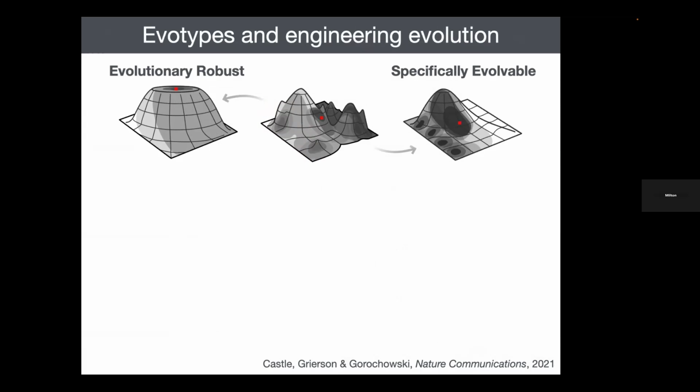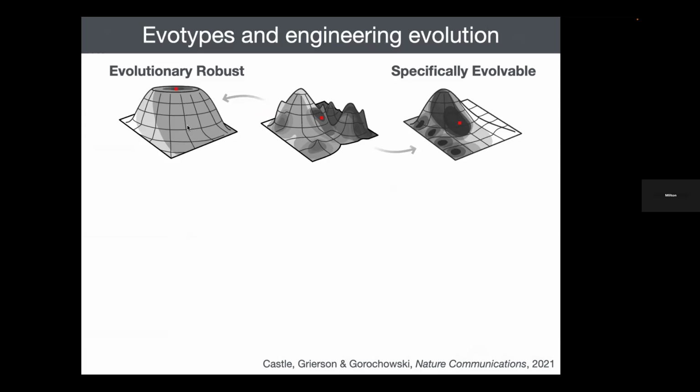What that really means in a classical sense is that if this was our original design, there's an adaptive landscape around that design. If we allow that system to evolve, it will evolve in certain ways, but we haven't thought about it, so it's going to do whatever it wants to do. But we could design a system where we also think about the ways it can evolve and actually modify the system such that it's maybe more robust.